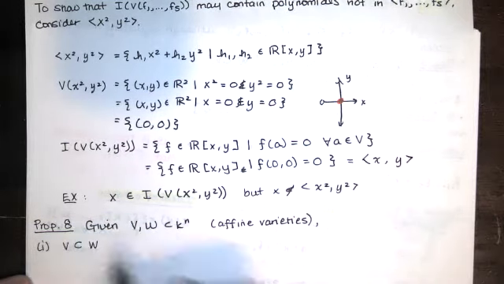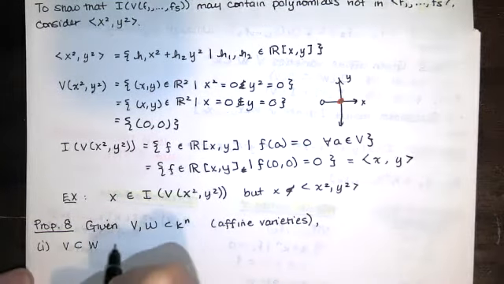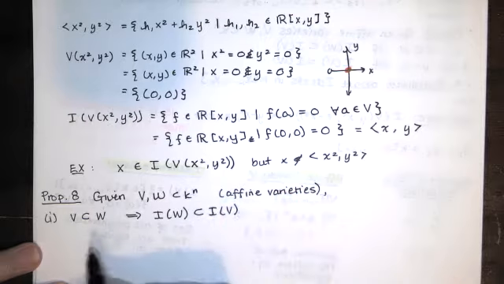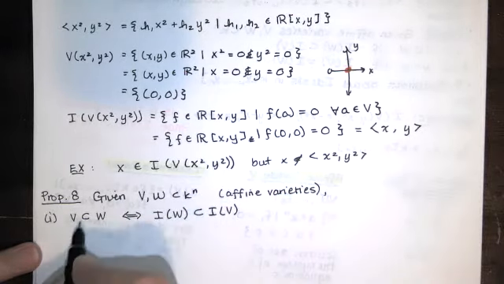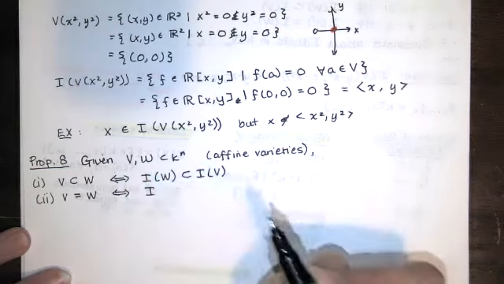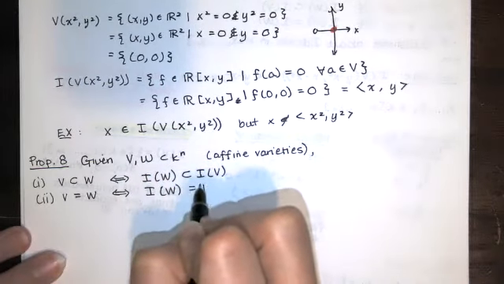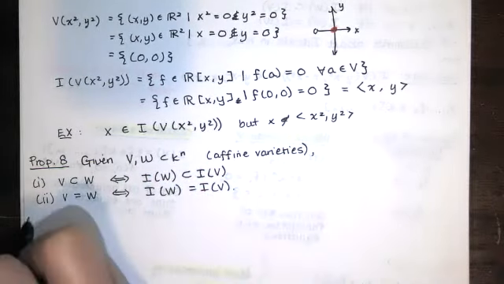V being a subset of W implies that the ideal of W is a subset of the ideal of V, and vice versa. If the ideal of W is a subset of the ideal of V, then V is a subset of W. And then if the varieties are equal, the ideals are equal. Okay, so let's prove this. It's actually pretty simple as well.